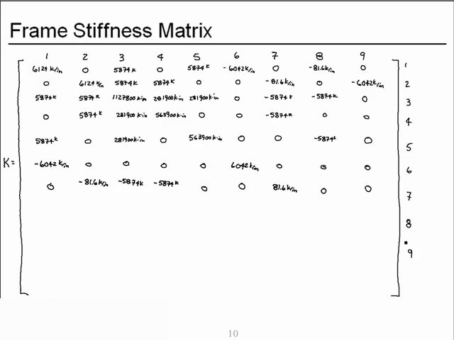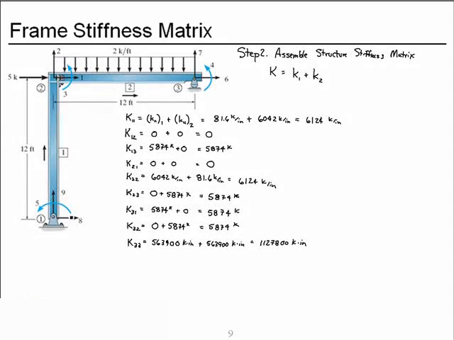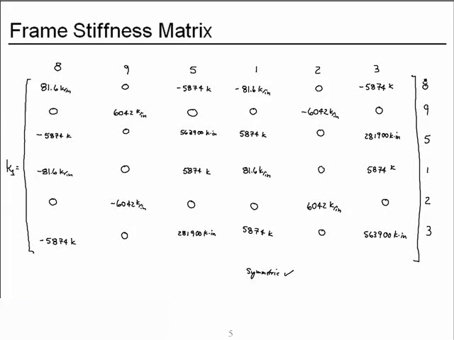Now rows 8 and 9. Rows 8 and 9 refer to forces generated at degrees of freedom 8 and 9, and those coefficients will come from the element stiffness matrix for element 1. Columns 4, 6, and 7 will be all zeros. So from member 1, rows 8 and 9, our first 3 columns are these coefficients.